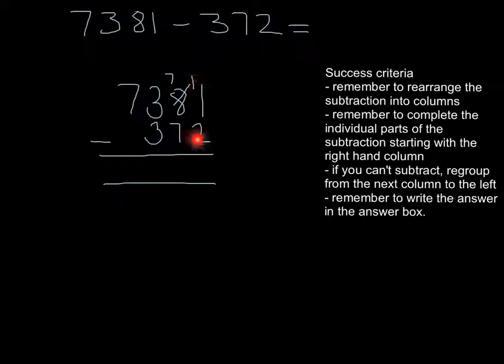So 11 take away 2 is 9. 7 take away 7 is nothing. 3 subtract 3 is 0. And then the 7 subtract nothing is 7. So the answer is written in the answer box as 7,009.